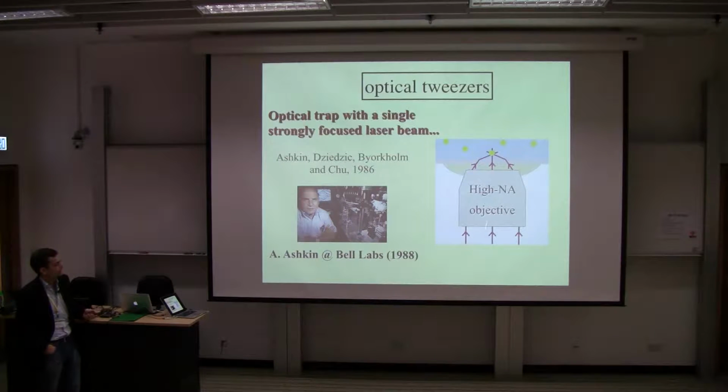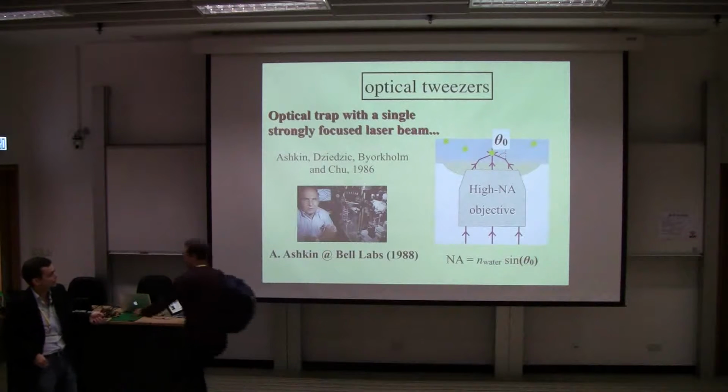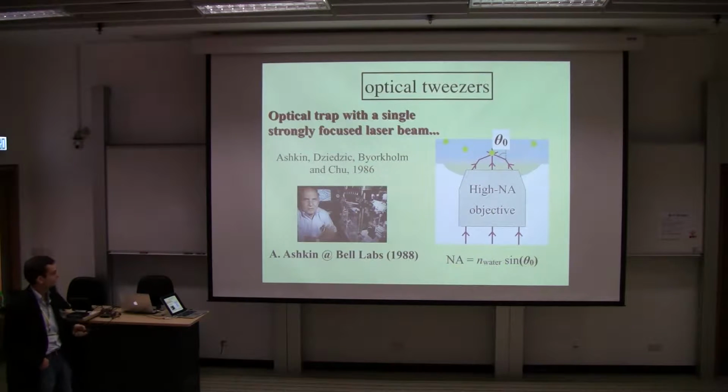The objective, a microscope objective, should have a very high numerical aperture, and it works not only to focus the laser beam, but also to produce the image of the particle we are trapping. So it works both ways. There is some light coming from the illumination of the microscope, going from up through the objective downward. So why does it work?